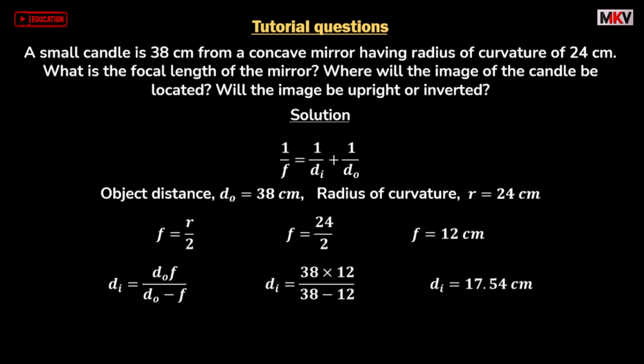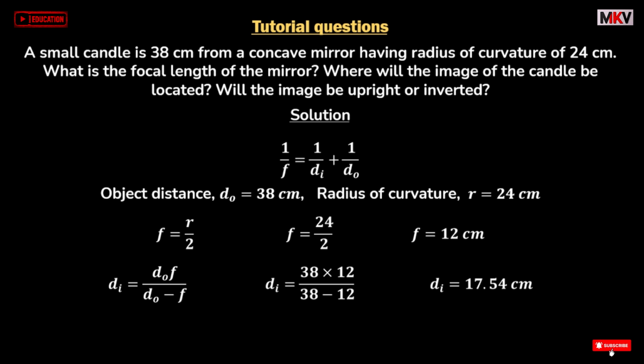After that, we do our substitution. We know our object distance to be 38 centimeters, we input that. We know our focal length to be 12 centimeters, we input that. We do the same for the denominator as well. After computation, we have the image distance to be 17.54 centimeters. So this is the distance of the image of the candle from the mirror.